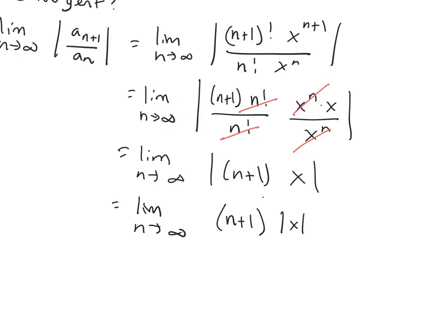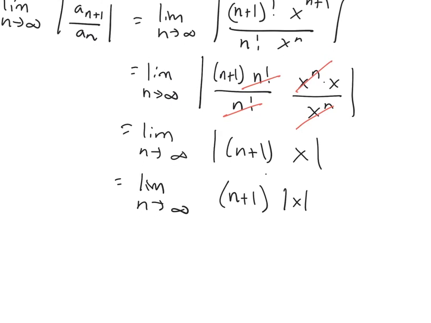Now we're taking the limit as n goes to infinity. So you're thinking about this absolute value of x here. Pretend like you've chosen a fixed number for x. So this here is just a constant, so we can pull it out in front. Absolute value of x, the limit as n goes to infinity, n plus 1.